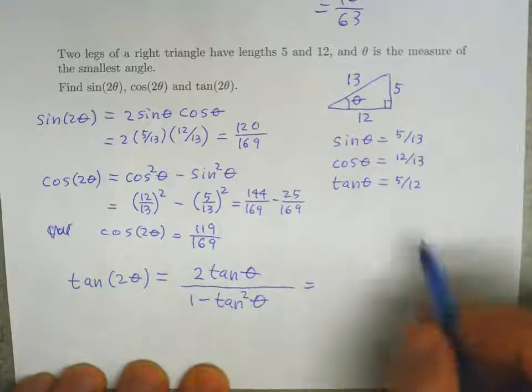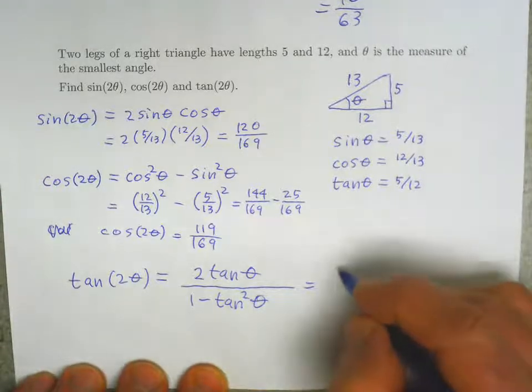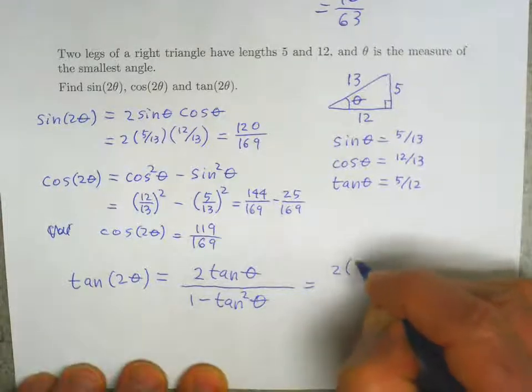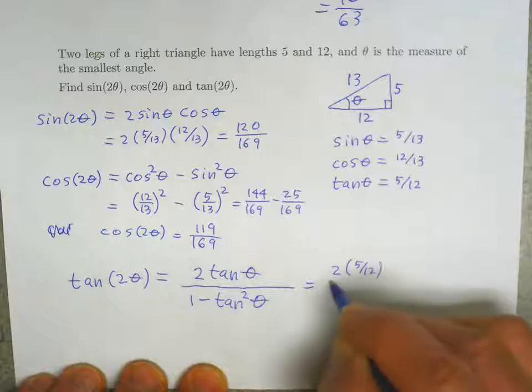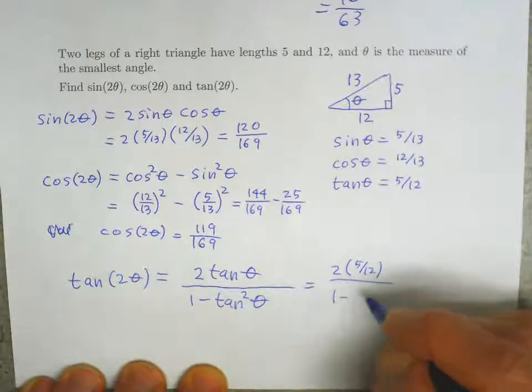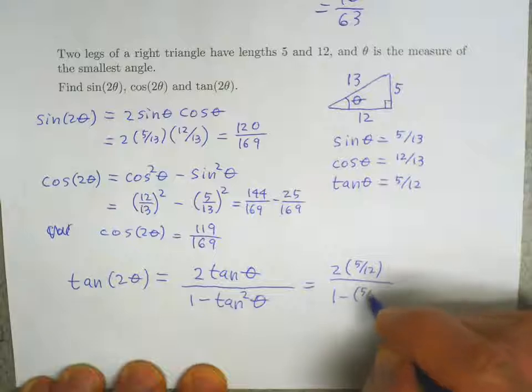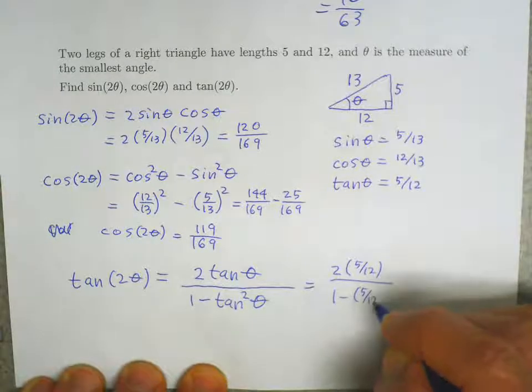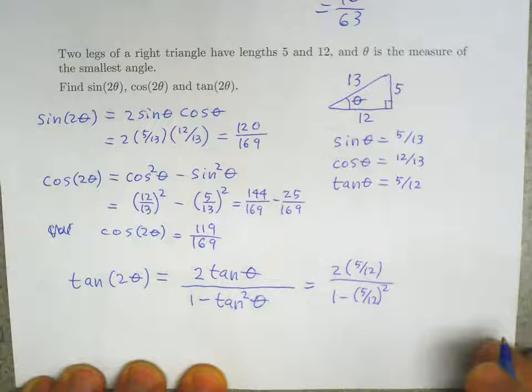Okay, so tangent of theta is 5/12. So in the numerator, 2 times 5/12. In the denominator, 1 minus tangent of theta squared, so 1 minus 5/12 squared.